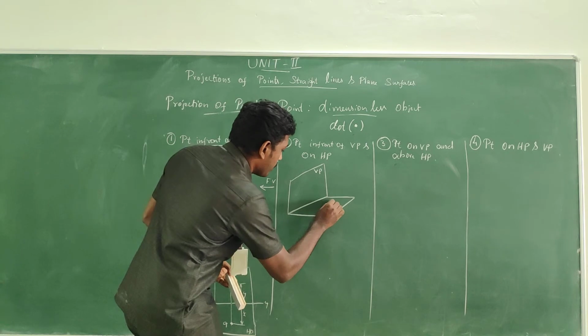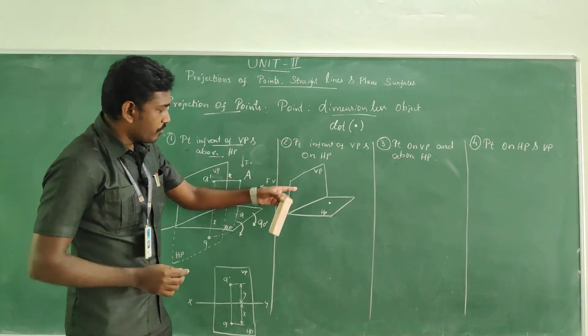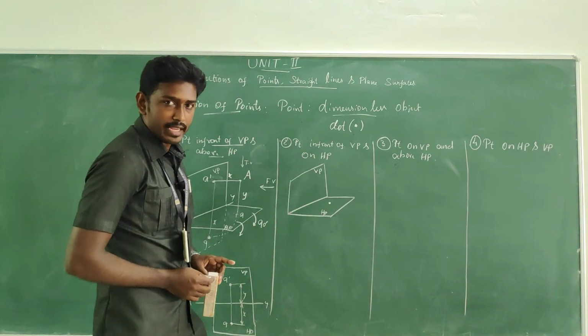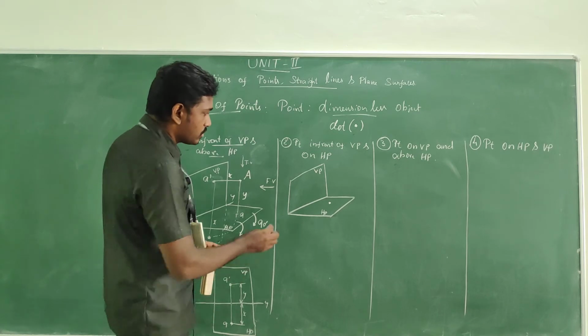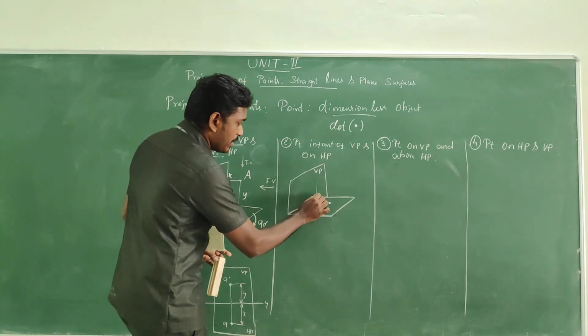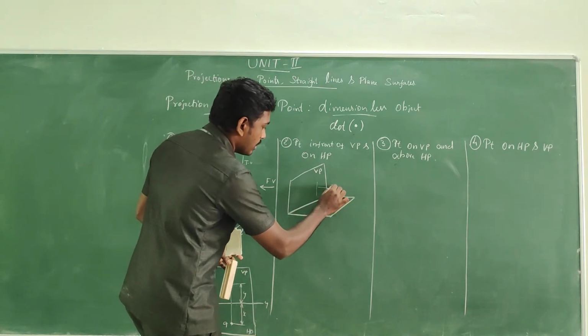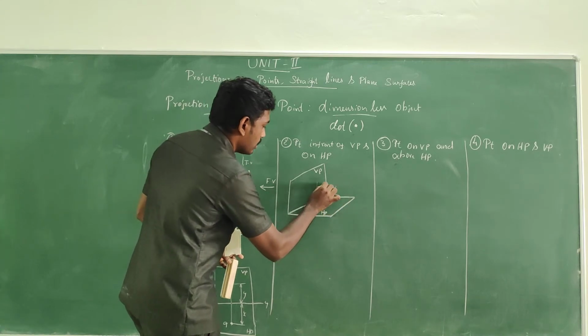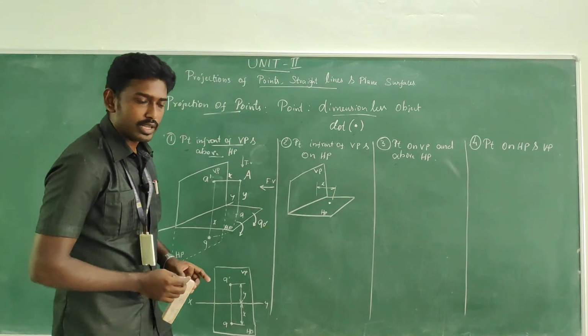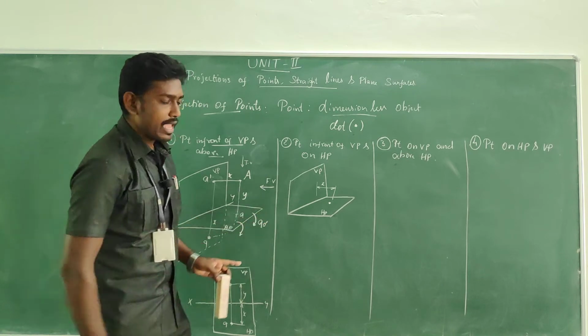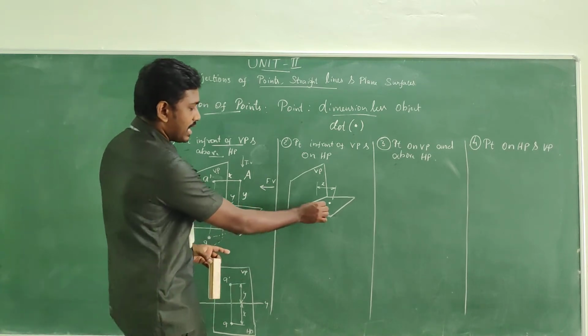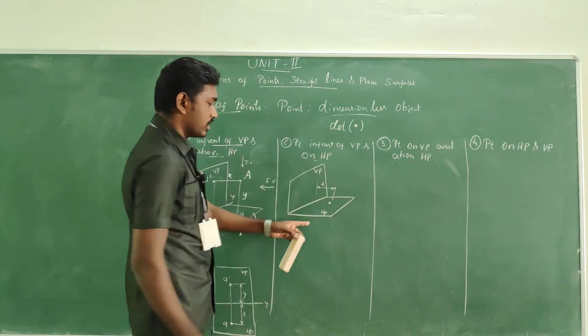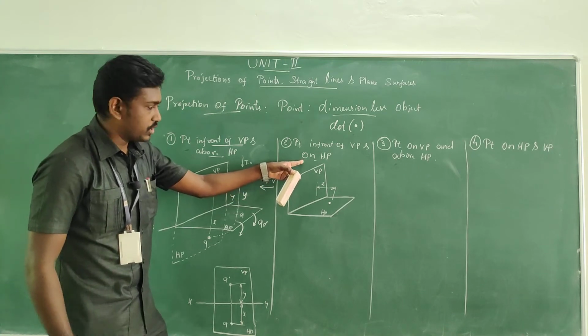I could say the position of VP is somewhere here. From the VP plane, it is with the distance X, am I right? It is at a distance from VP in front of VP, but on HP. So this is the position for this condition.